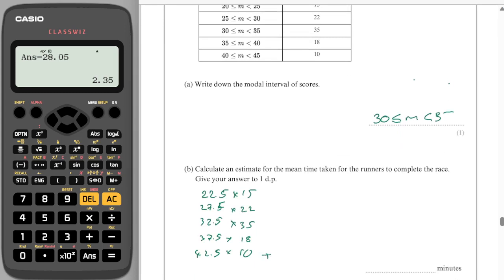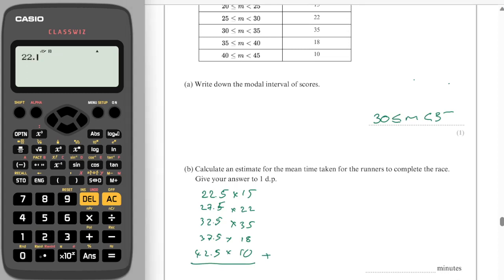And I want to add those all up. So I get 22.5 times by 15 plus 27.5 times by 22 plus 32.5 times by 35 plus 37.5 times by 18 plus 42.5 times by 10.